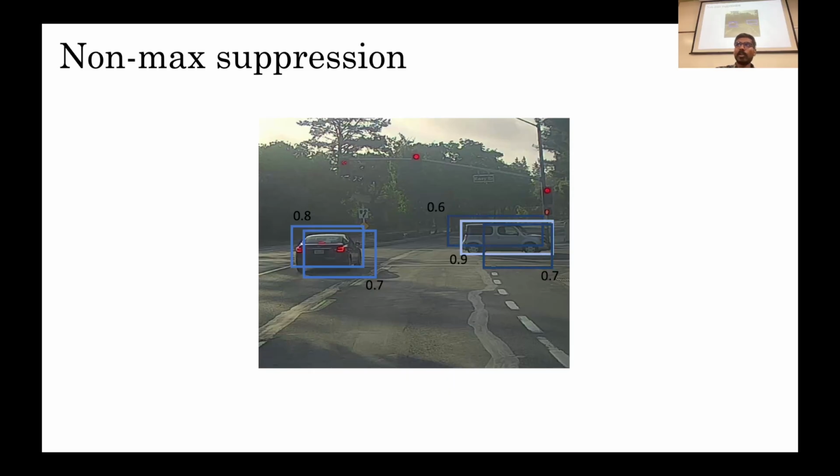And then we remove all the boxes which have intersection over union beyond a threshold. Now that threshold is a hyperparameter that we use. So here we can see that this highlighted box is selected and the other boxes are discarded. Similarly, on the left hand side image, this box will be chosen and the other box will be discarded. So in the end, we will be left with these 2 bounding boxes.